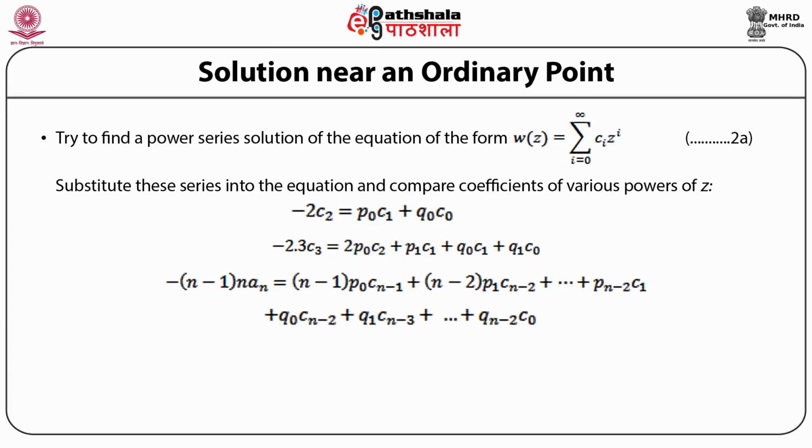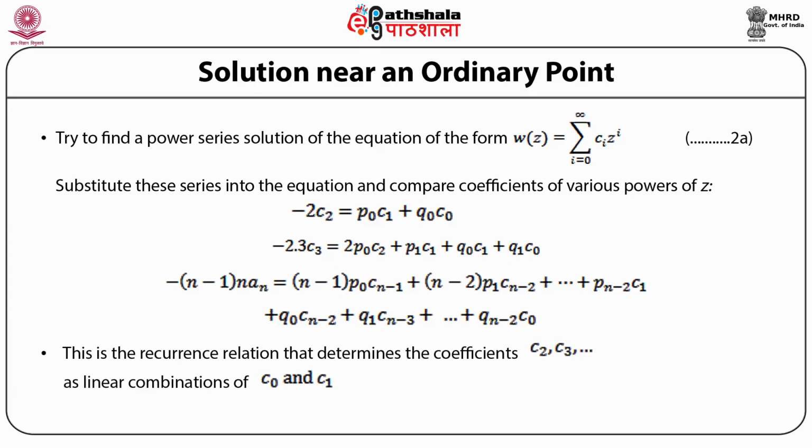The coefficient of z raised to power n minus 1 will be given by minus (n minus 1) n c_n is equal to (n minus 1) p0 c_(n-1) plus (n minus 2) p1 c_(n-2) plus so on till p_(n-2) c1 plus q0 c_(n-2) plus q1 c_(n-3) plus so on till q_(n-2) c0.